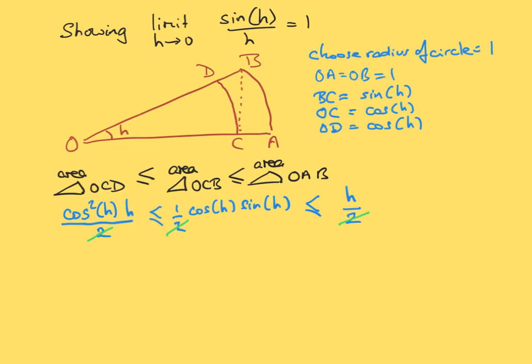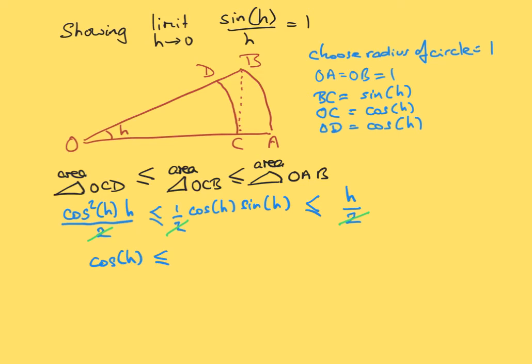So we're going to divide each term by h and the cosine of h, which means we're dividing each term by the same positive quantity. If we divide this by h cos h, we'll get rid of the h, and we'll get rid of one of the factors of the cosine. So we're going to get the cosine of h.